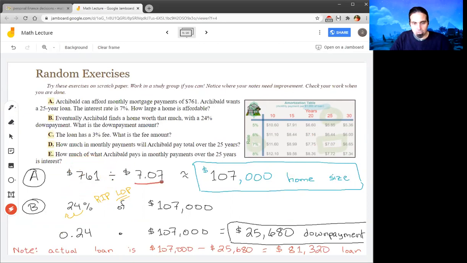He gives $7.07 to the bank teller, and the bank teller says, great, you have $1,000 of loan. Then he gives another $7.07, and the bank teller says, great, you have $2,000 of loan. And he keeps doing this until he runs out of money. So how many times does this fit into the big number? We do division. He gets 107 thousands before he runs out.